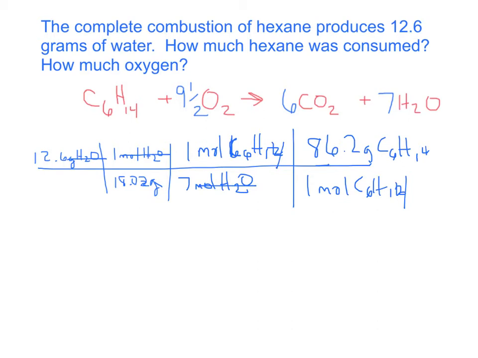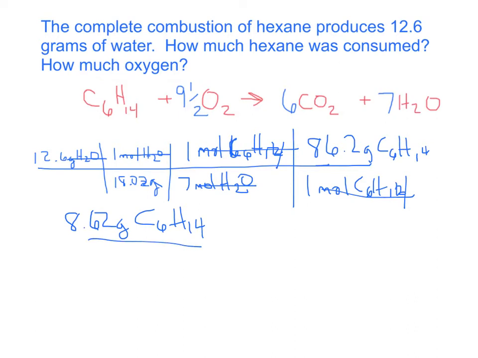That's the correct mass for the C6H14, so it was just my mistake. It comes out with correct sig figs to be 8.62. So if you combust 8.62 grams of C6H14, you could expect to get 12.6 grams of water as a product.